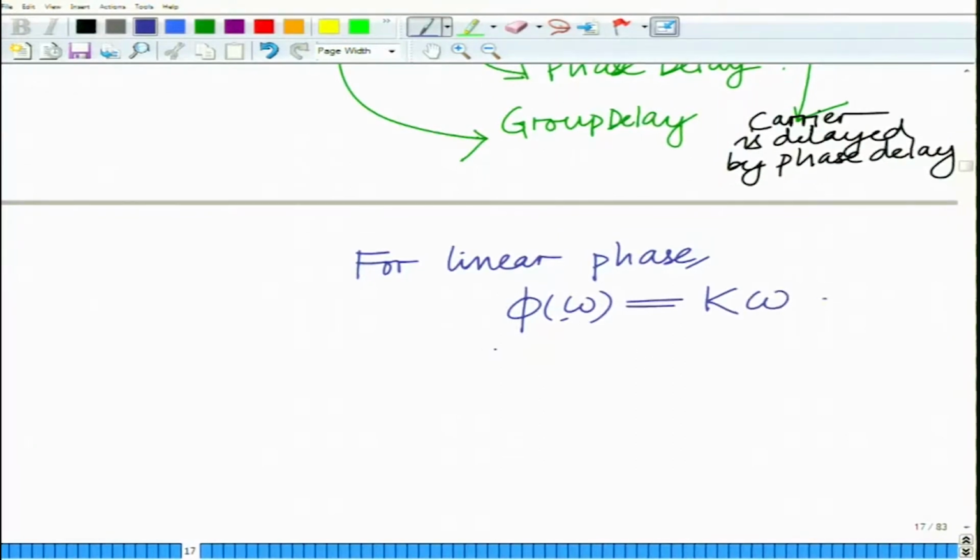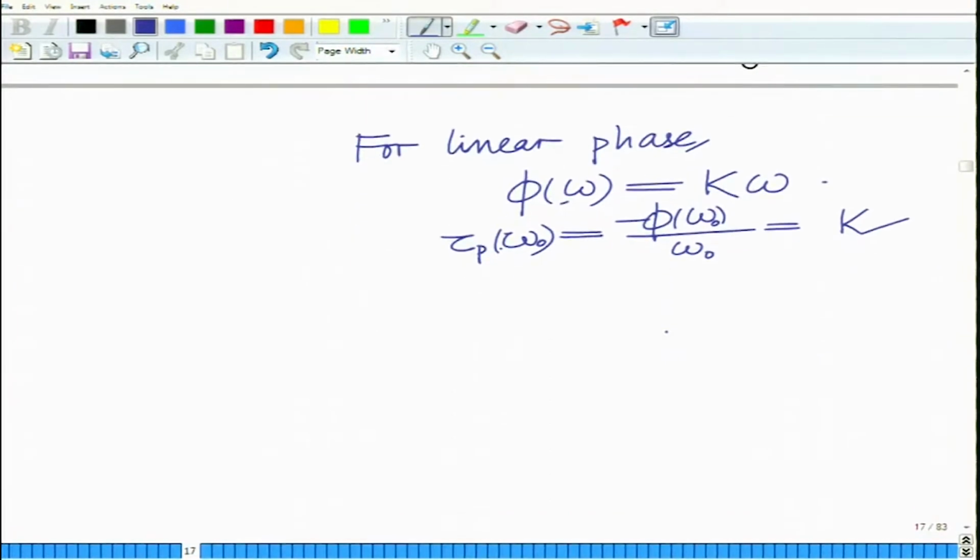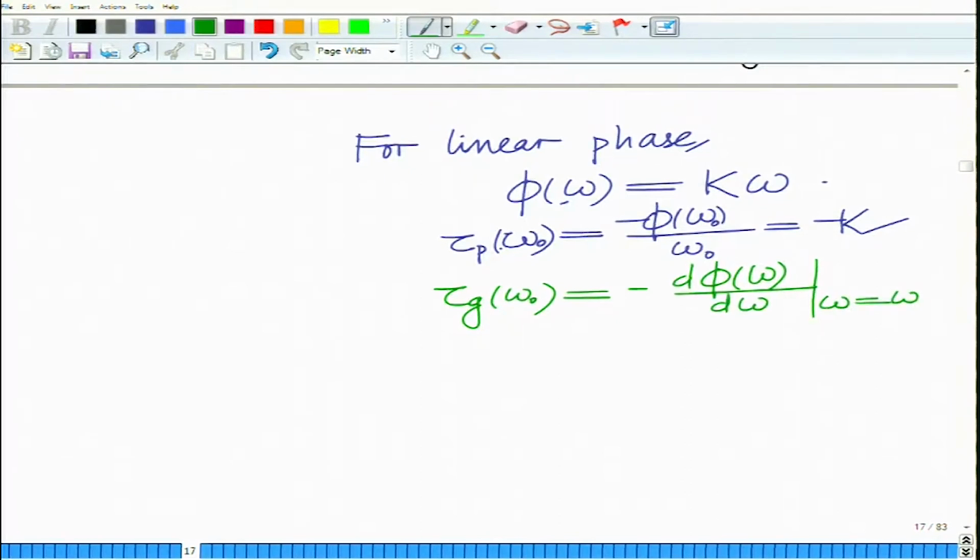Now, look at this, the phase delay tau p of omega naught equals minus phi of omega naught divided by omega naught, which is minus k, and also the group delay tau g of omega naught is minus d phi omega by d omega evaluated at omega equals omega naught, and this is also equal to minus k, which implies for a linear phase tau p of omega, any omega for that matter, is tau g of omega.